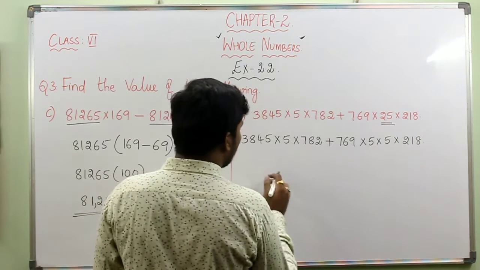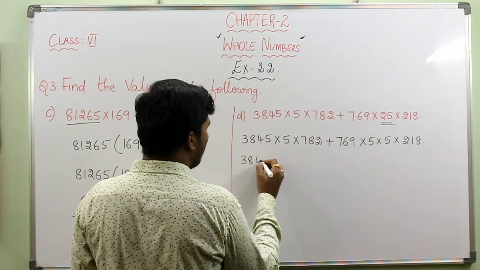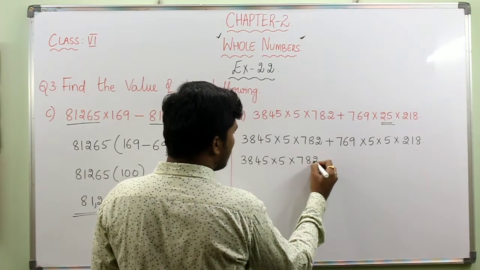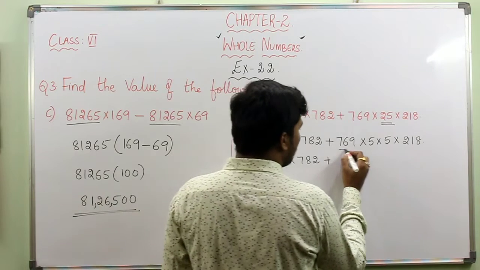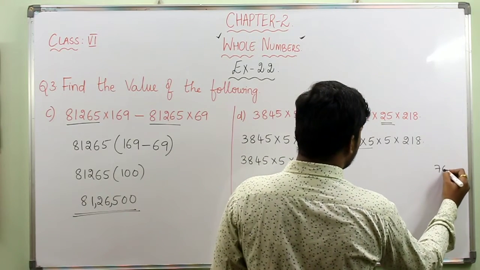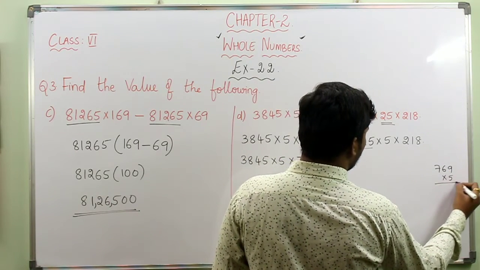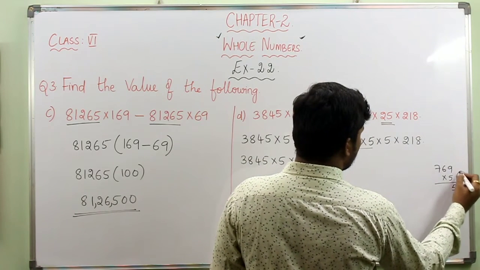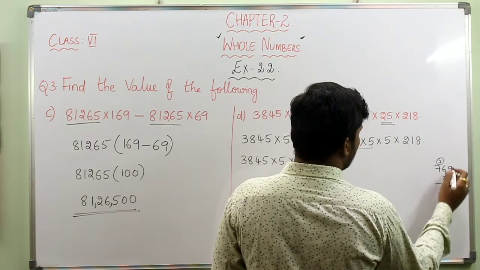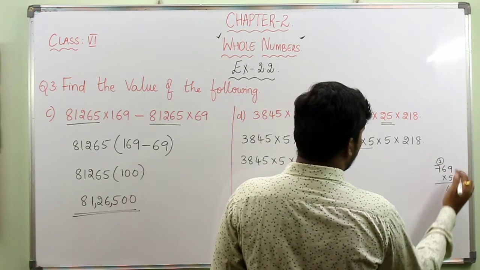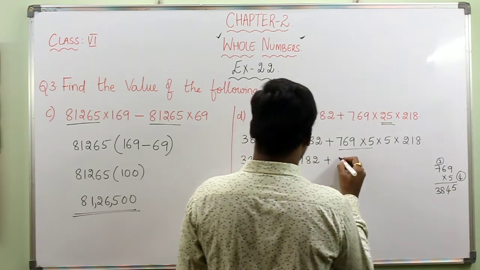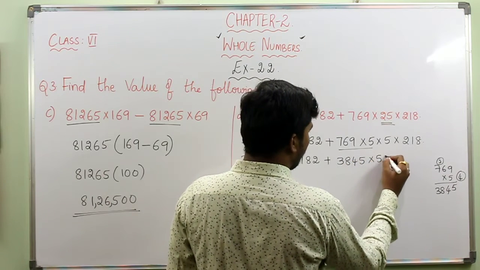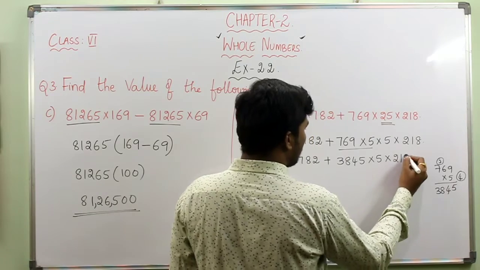Now what else can we do here? 3845 into 5 into 782 plus, if I multiply these two, how much will I get? 769 into 5: 9 fives are 45, 6 fives are 30, 34, 7 fives are 35, 36, 38. So 3845 into 5 into 218.